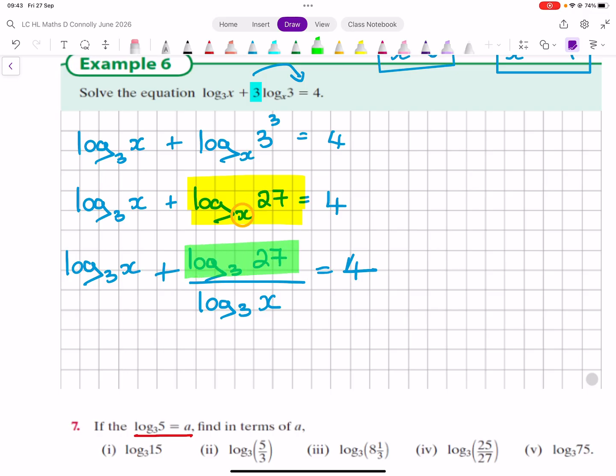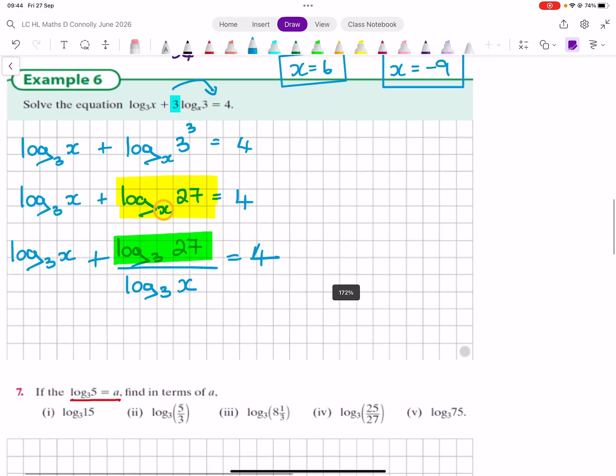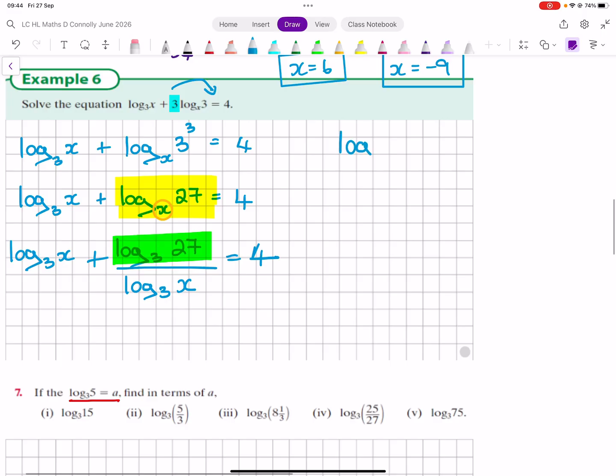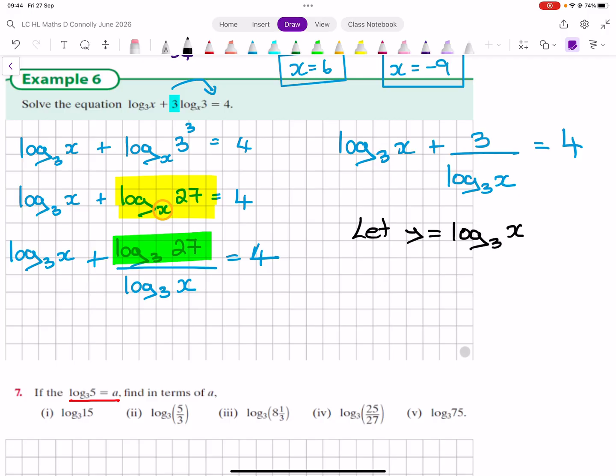So I can do this. That's a 3. I mean, you can keep working with the log to the base 3. But I'm just going to swap it to make it look a bit easier.